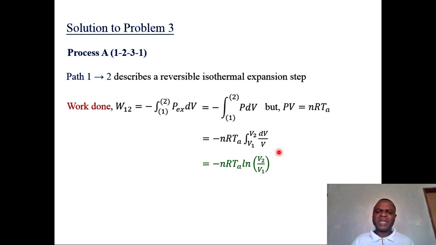So we get minus nRTa ln of V2 over V1, which is the work done by the system when it expands from 1 to 2.